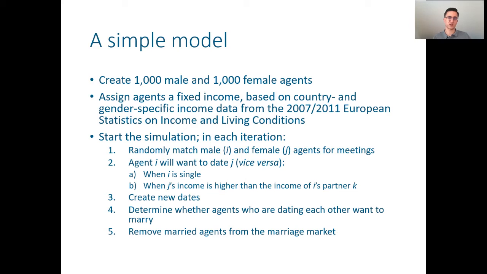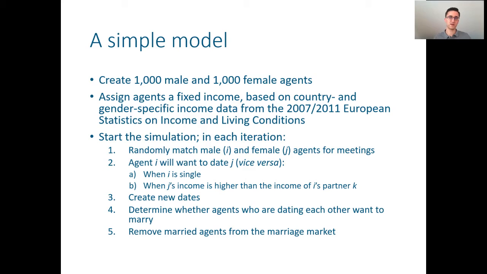After assigning agents their income, the main simulation phase starts, in which we emulate basic elements of the partner search process. This search happens in iterations. In each iteration, one male agent who is still looking for a partner is randomly paired with one female agent who is also looking for a partner.